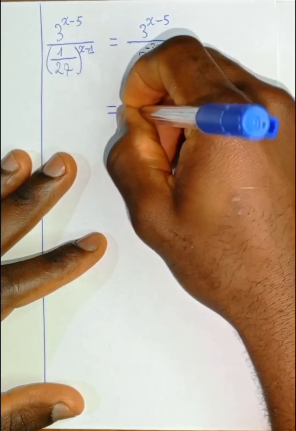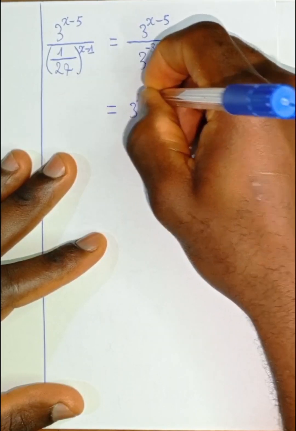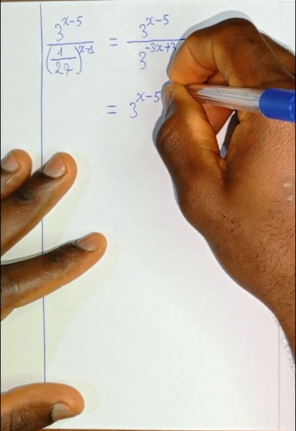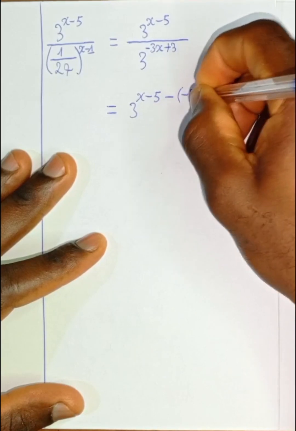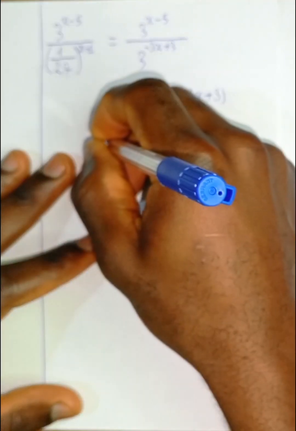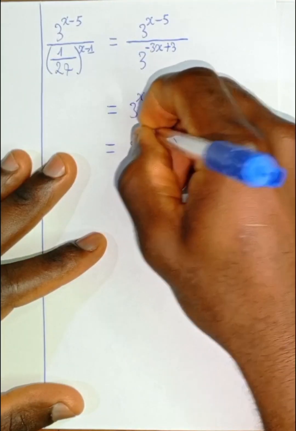This will simply be equal to 3 raised to the power x minus 5 minus negative 3x plus 3, which will simply be equal to 3 raised to the power x minus 5.